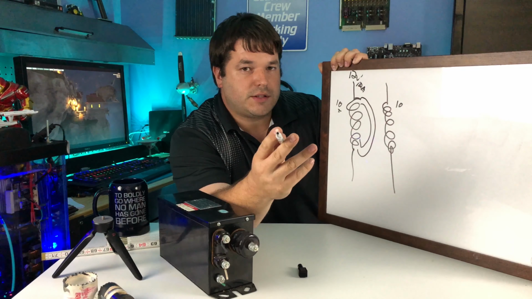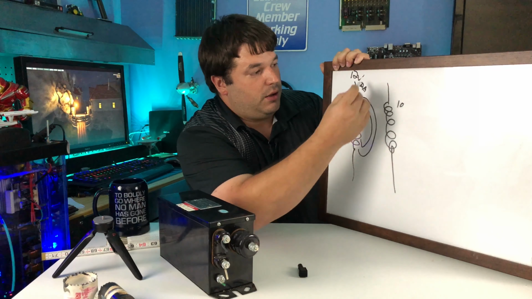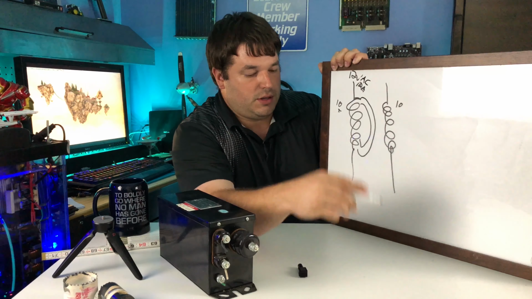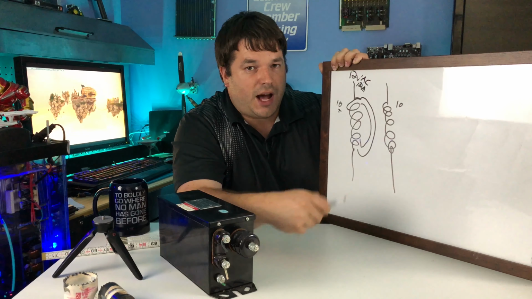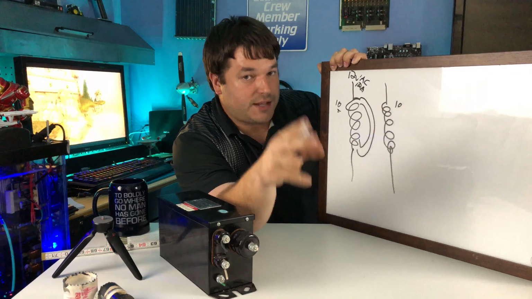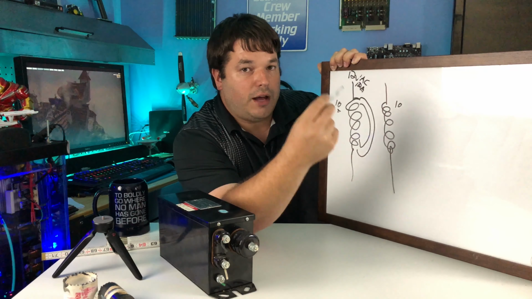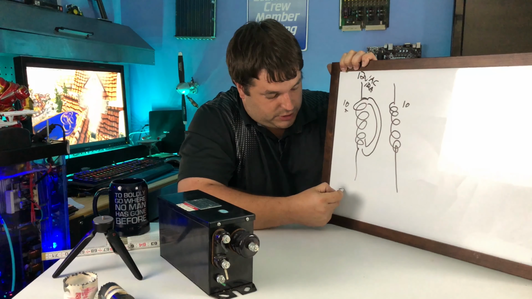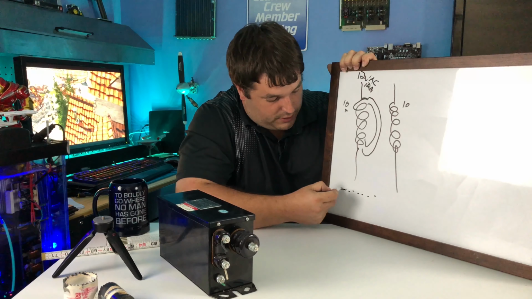This is where Nikola Tesla's genius came into play. If we alternate this current, and remember it happens 120 times a second, every time we build and collapse that field, and I'll just draw a little version of it down here, right?